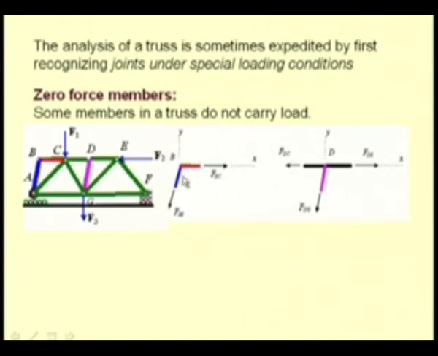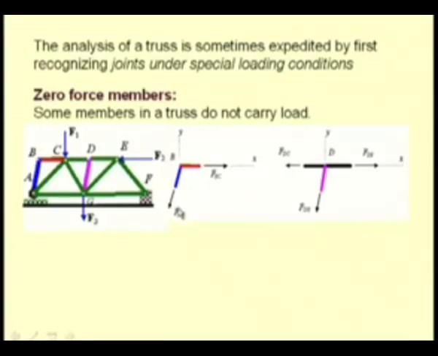Since the vertical component of this force cannot be balanced, the force in this member has to be 0, and if the force in this member AB is 0, then there is no horizontal component of the force AB, and thereby the force in BC has to be also 0. So, we find that the force in the member BC as well as the force in the member AB are 0 because of this geometric configuration.